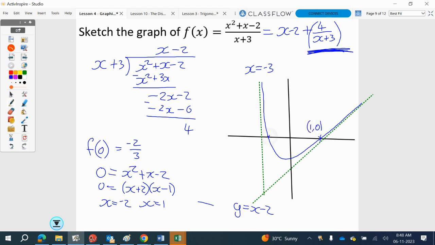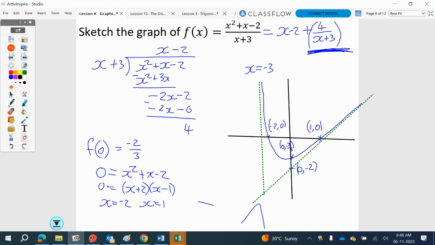This point here, minus 2, 0. This point here, 0, minus 2 over 3. This point here, 0, minus 2. We're going to get something similar down here. I haven't really left any space for it. We're going to get something similar here. It's going to look like this.